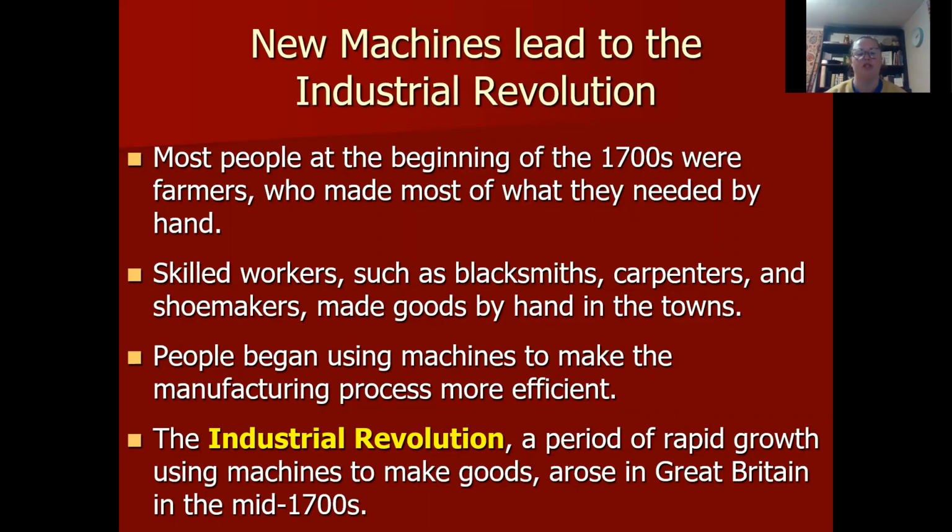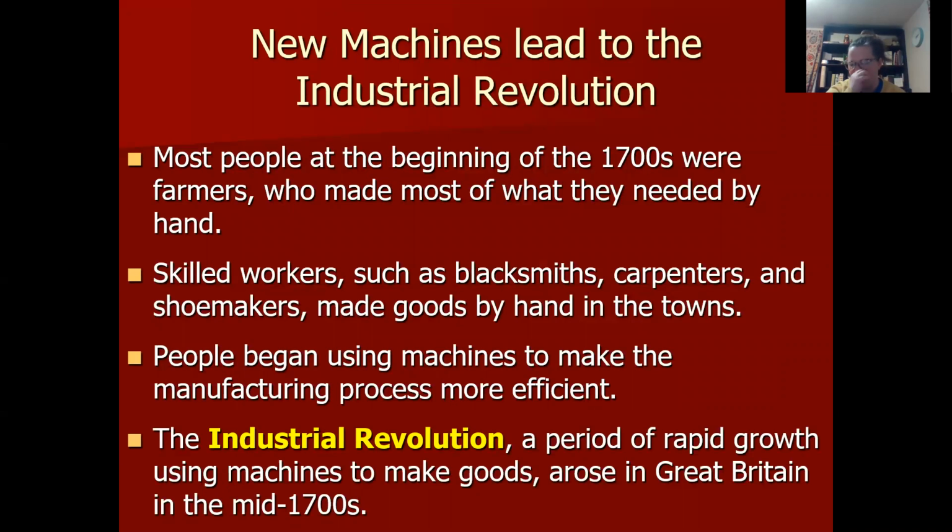The Industrial Revolution, a period of rapid growth using machines to make goods, arose in Great Britain in the mid-1700s. So the Industrial Revolution was characterized by changes in the manufacturing process, right? So machines replaced hand tools, products made from interchangeable parts were cheaper, laborers in factories were paid hourly wages.